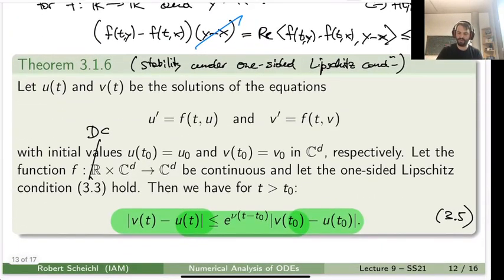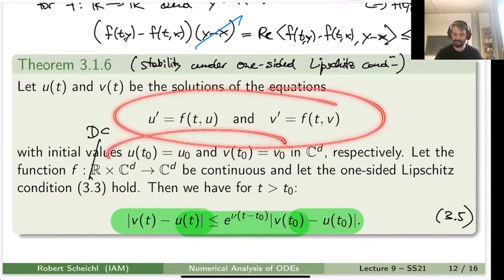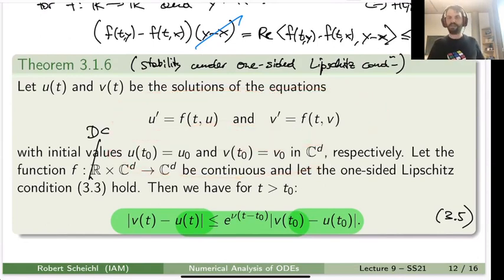So given 2 solutions with 2 different initial conditions in the d-dimensional complex plane, and f satisfying this one-sided Lipschitz condition, then we have this stronger stability result here. It also improves the result from before, even if lambda is positive, or if you have a system and some lambdas are positive, because the nu could be slightly smaller than the capital L, the global Lipschitz constant.